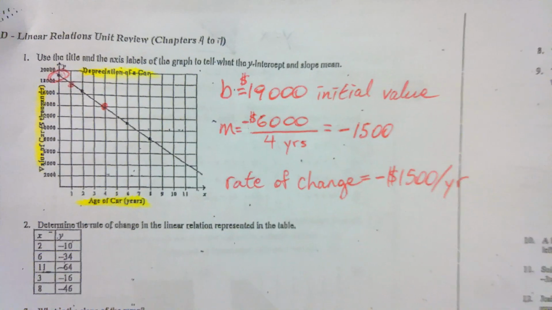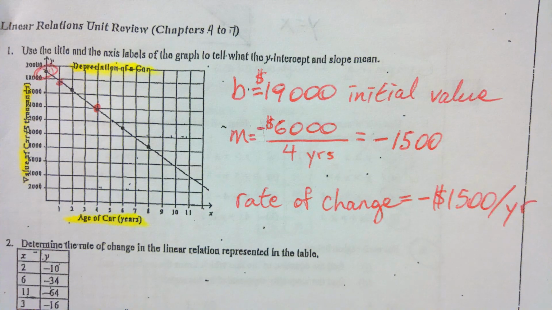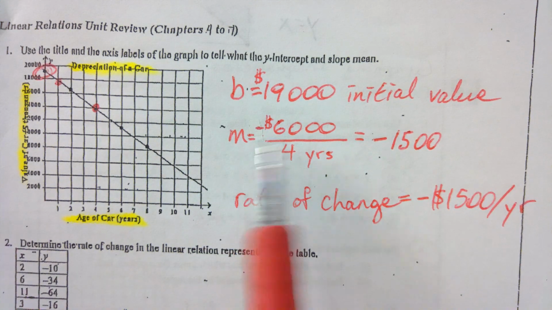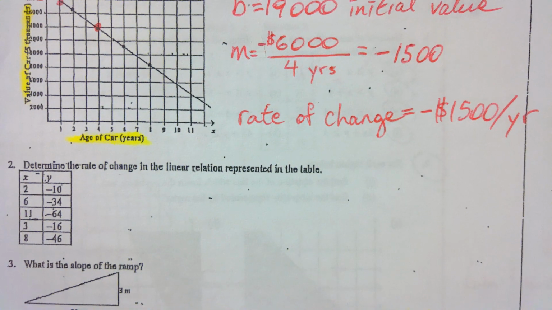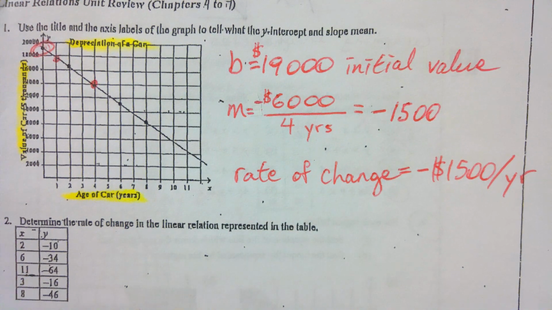All right. So you guys see the slope and rate of change mean the exact same thing. It's just that rate of change has units. Slope is just the number. Oh, sorry, let me go back to this one. So Alvin, when do you think your car will die?